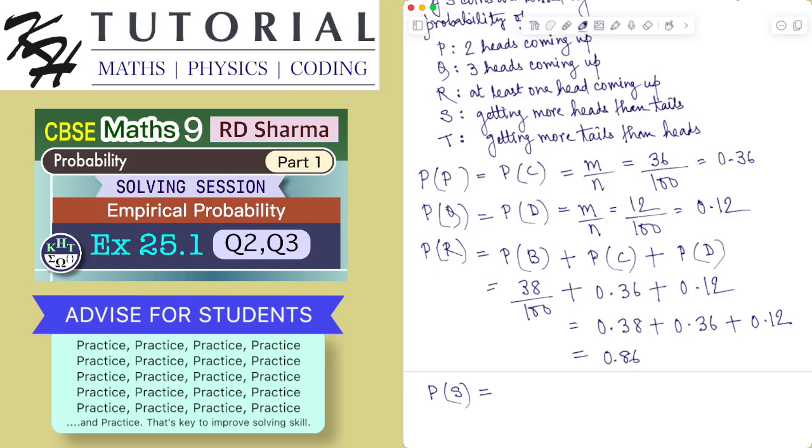So obviously it can be 0 tails and 3 heads. It can be 0 heads. Okay, let's say probability 0 head and 3 tail.